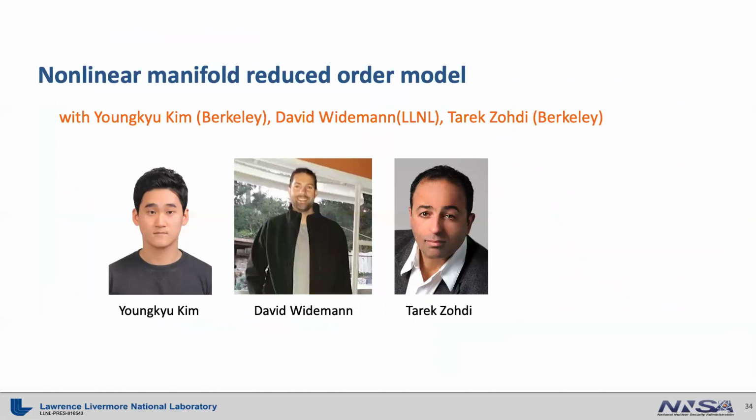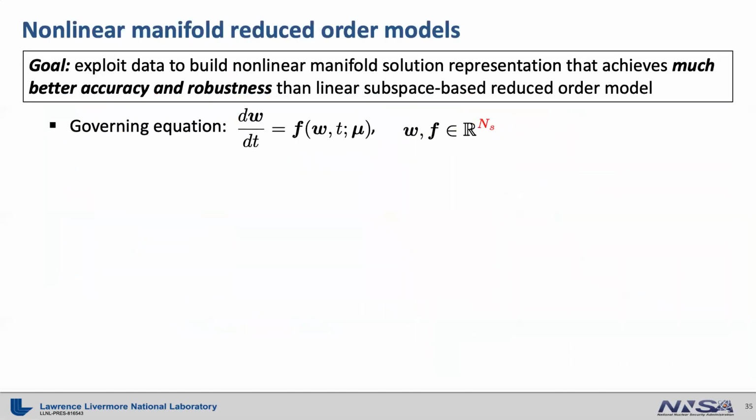Lastly, I would like to introduce the nonlinear manifold reduced order model, which I found really cool. Okay, what is the nonlinear manifold reduced order model? All the reduced order models that you have seen so far have used the linear subspace solution representation, which lacks the capability of representing, for example, advection dominated simulations.